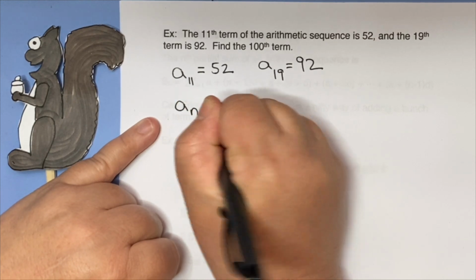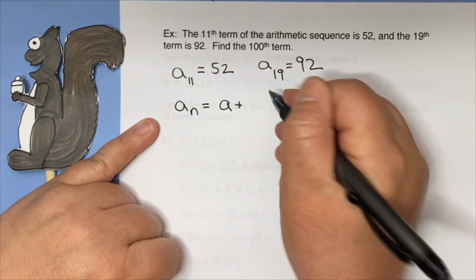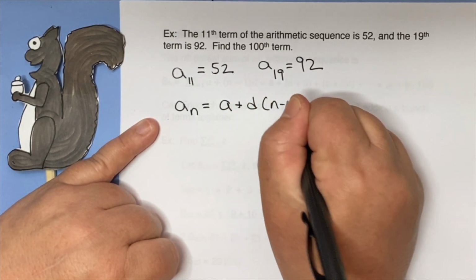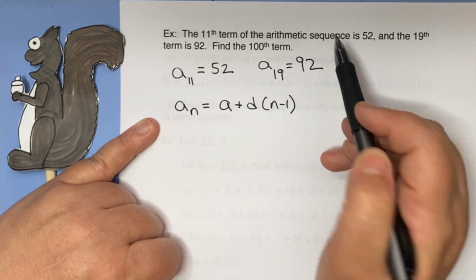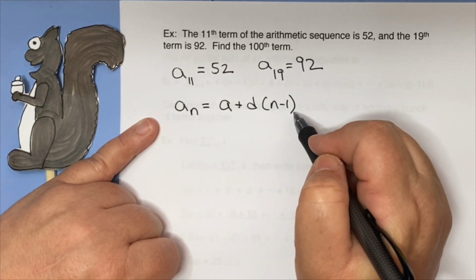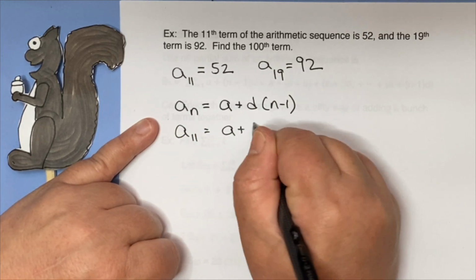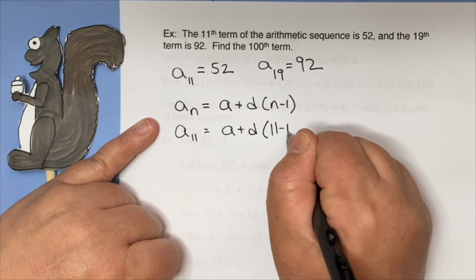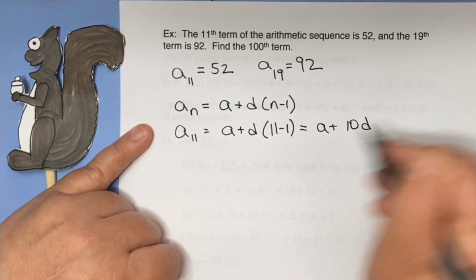A sub n is, by definition, a plus d times n minus 1, right? That's our definition. We're told this is an arithmetic sequence, so we know that this is true. So a sub 11 is a plus d times 11 minus 1. So that's a plus 10d.